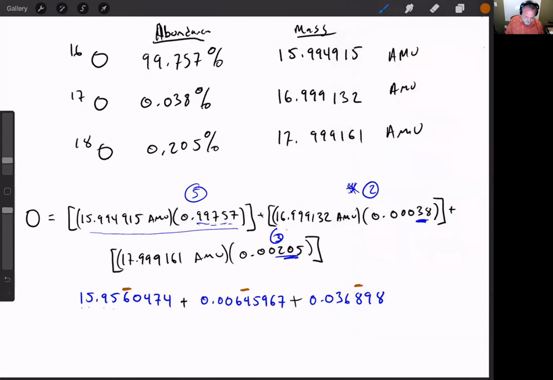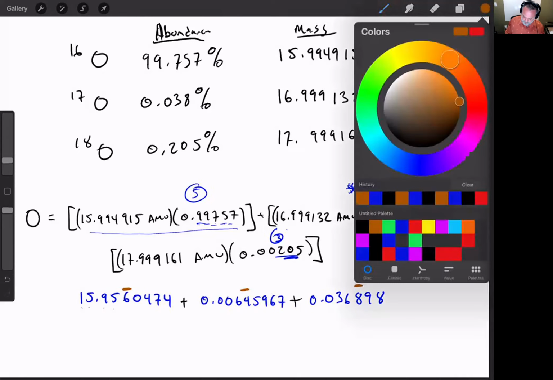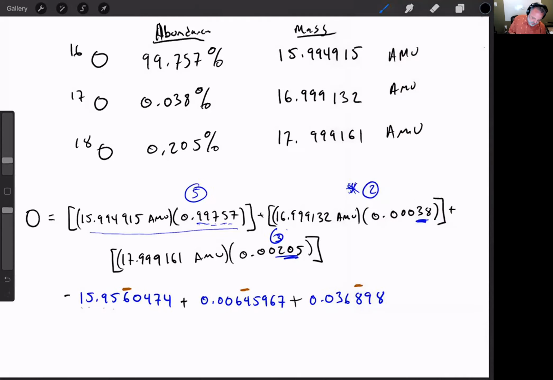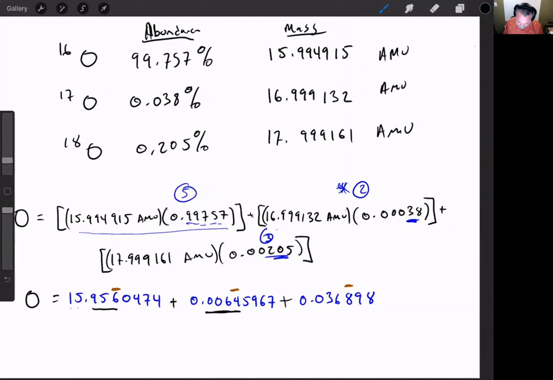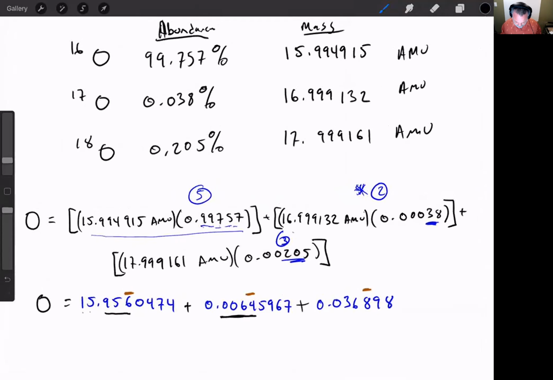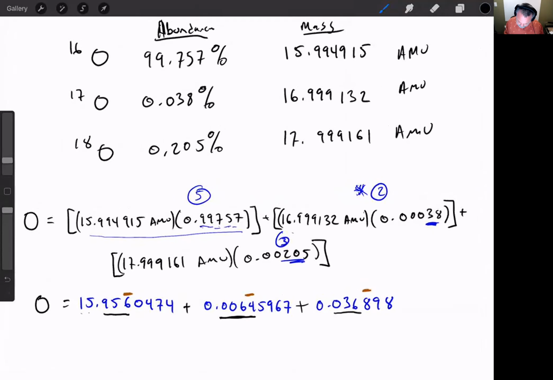Now I'm adding them all up. In order to get the average mass of oxygen, I'm adding these up. And now I need to switch sig fig rules. Now the sig fig rule is number of decimal places. I've got 3 decimal places here. It actually turns out that I have 4 decimal places there, and I have 4 decimal places here.